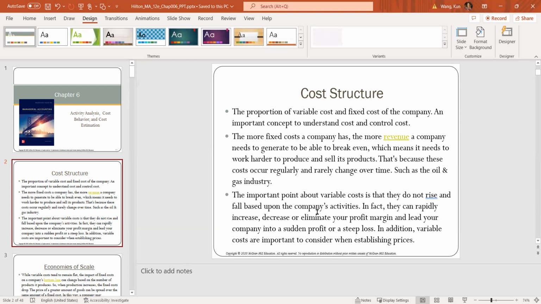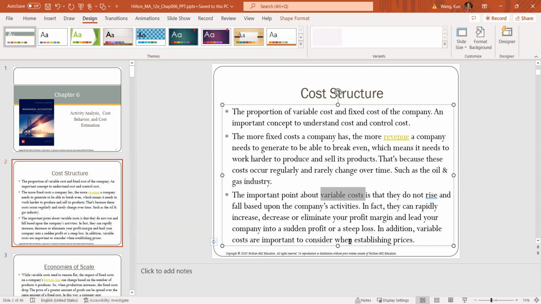On the other side, if my company has mostly variable cost, for example, I'm a consulting company, accounting firm, or attorney firm, most of my cost may be related to labor, variable labor. Or a technology firm, they have more variable expenses.